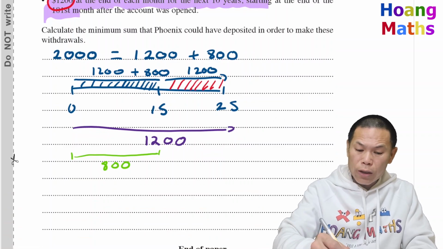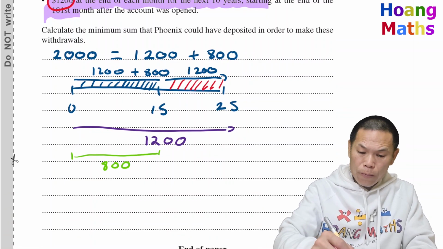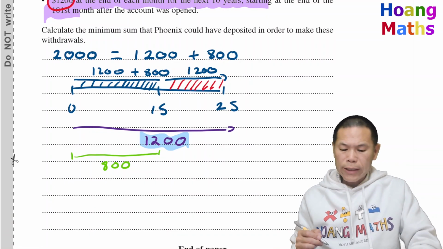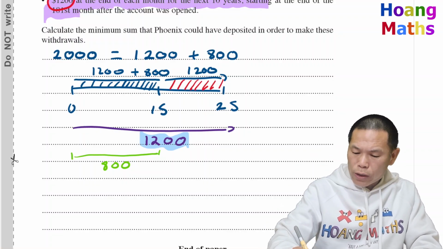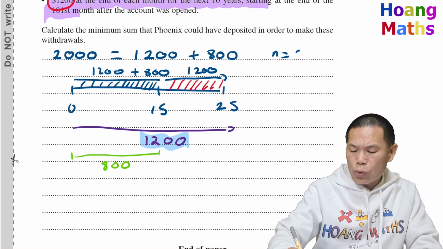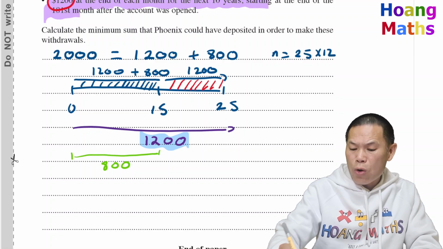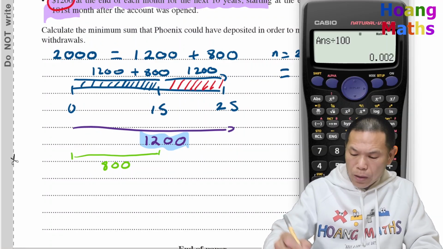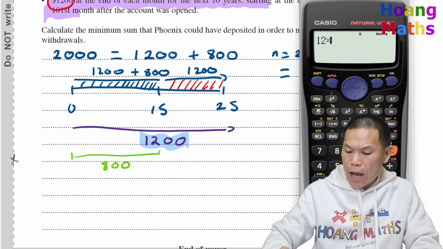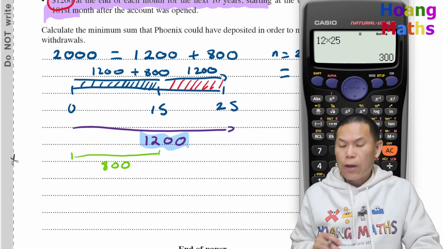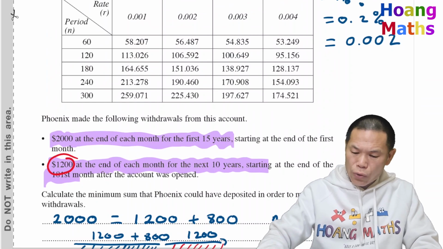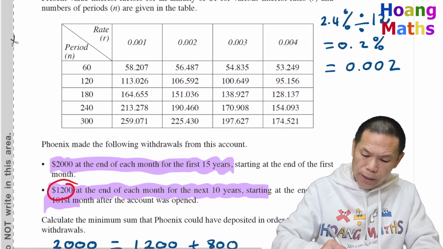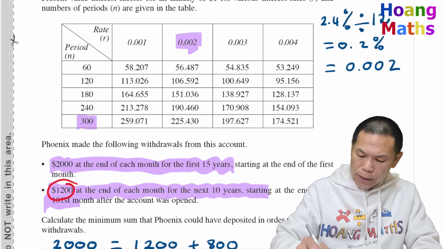So let's work out the present value for the $1,200 first, for 25 years. 25 years times 12 gives me 300. Let me have a look at the table: 300 is this and the interest rate is this.